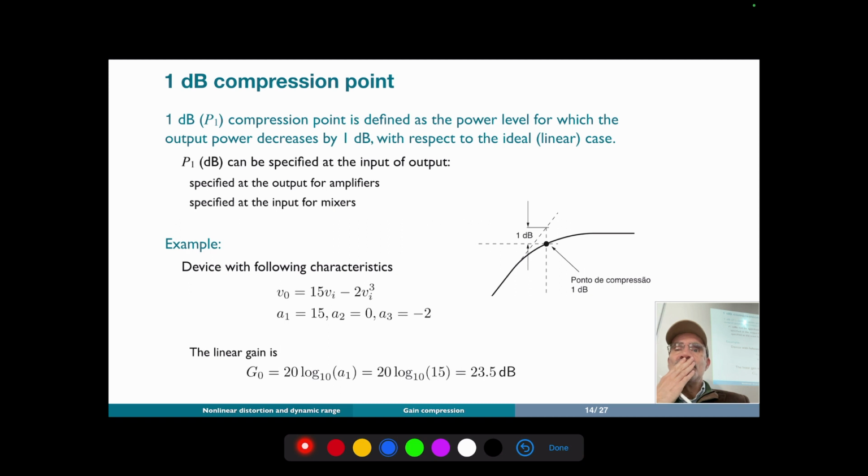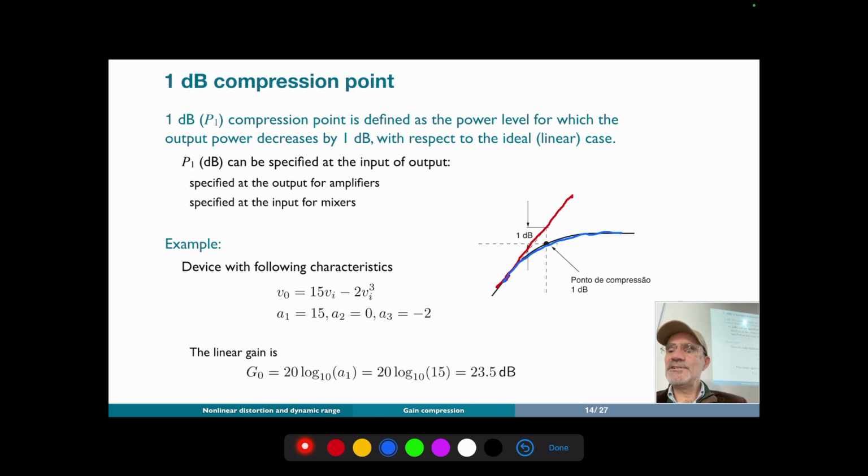And so to characterize this gain compression, we define the 1 dB compression point, which is defined as the power level for which the output power decreases by 1 dB with respect to the linear amplifier. Okay? Which is shown here. So this will be the linear amplifier, and this is the deviation from the linear response.